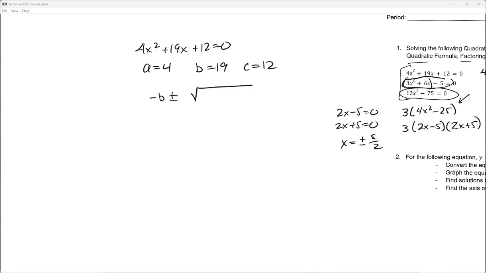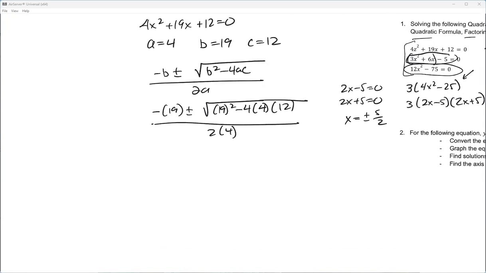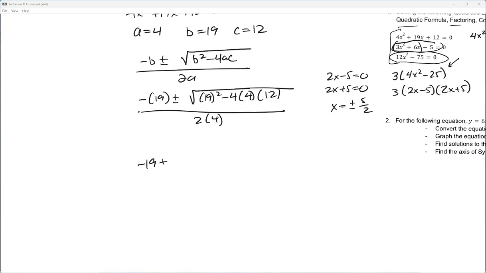Negative B plus or minus the square root of B squared minus 4AC, all over 2A. So it'll be negative 19 plus or minus the square root of 19 squared minus 4 times 4 times 12, all over 2 times 4. 19 squared, I believe, is 361, but let me double check. 19 times 19, 361 minus 16 times 12, 192, all over 8.